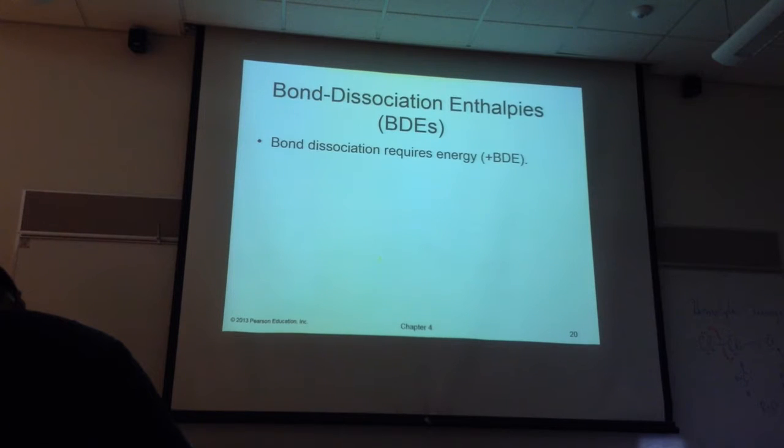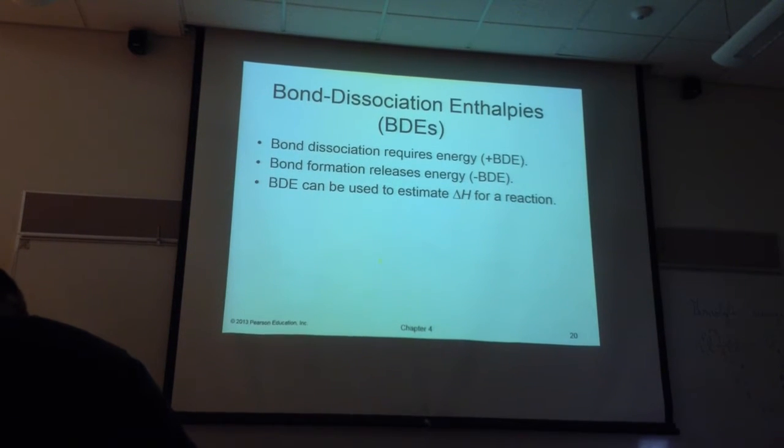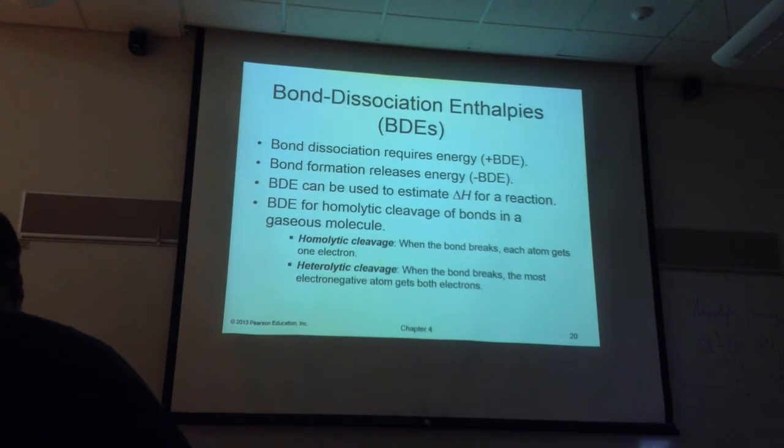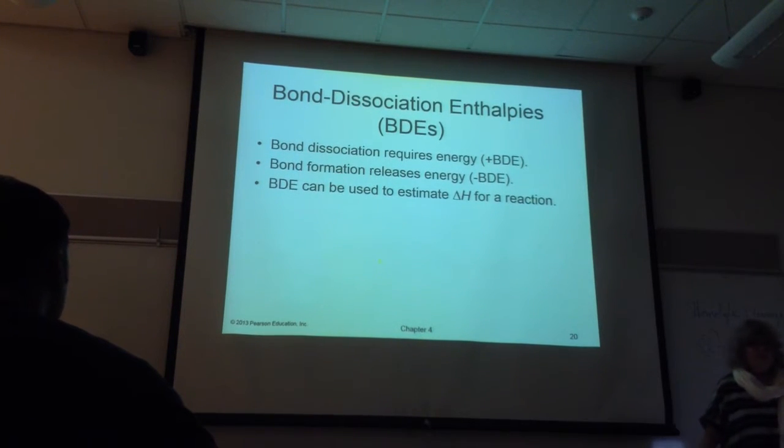To break bonds, you need to add energy. So bond dissociation requires energy, and to form bonds, energy is released. And this BDE can be used kind of like a delta H. It can be used to estimate the delta H. All right, so let me show you how we're gonna do this.